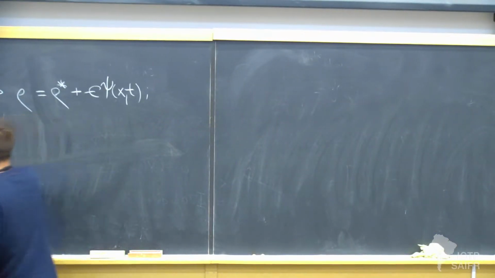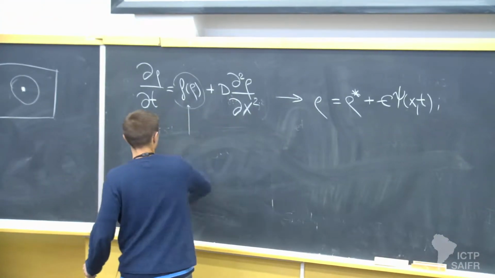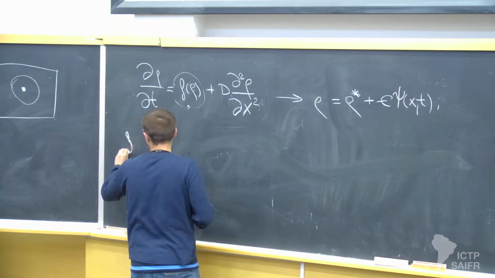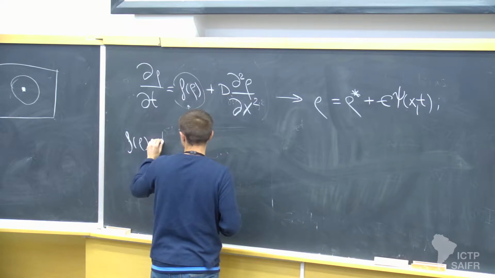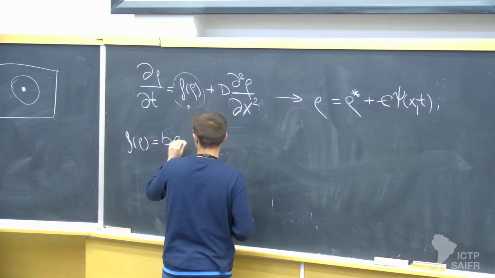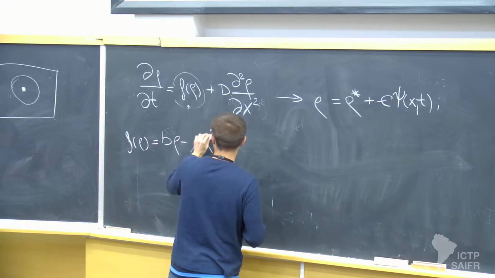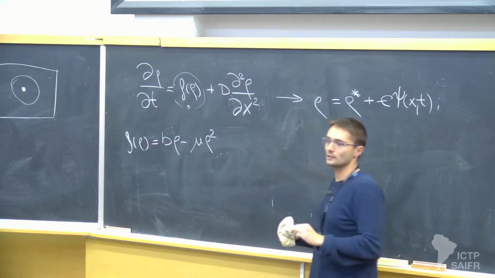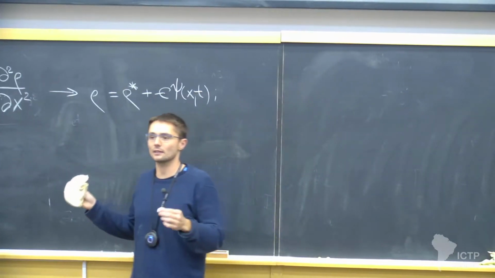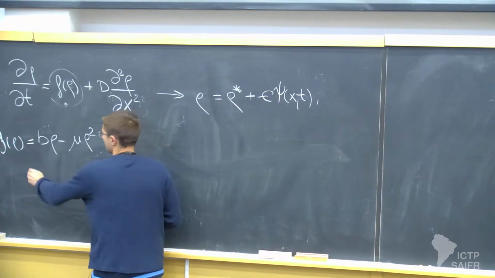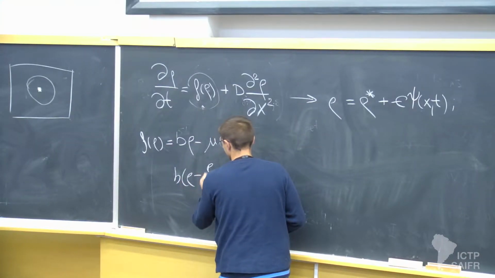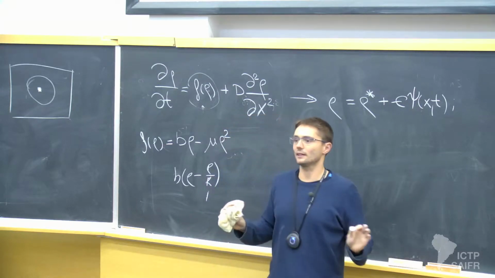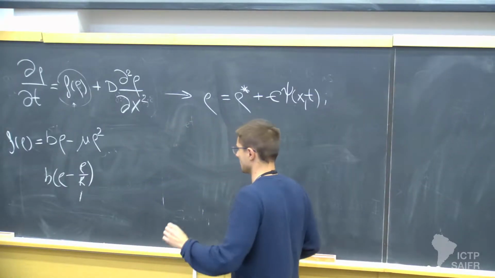Now what we are going to have is an equation where we assume that f of rho, just to keep things as they were, is equal to b. This is what we had the first day. You can rewrite it in many different ways. If you remember, at some point we wrote something like this. Then with k equal to 1, it doesn't matter, at the end it's basically the same.